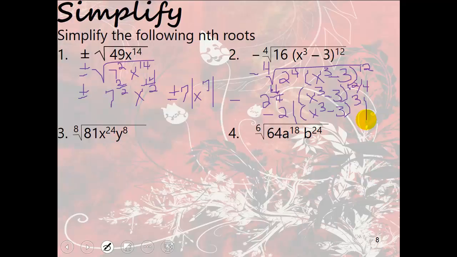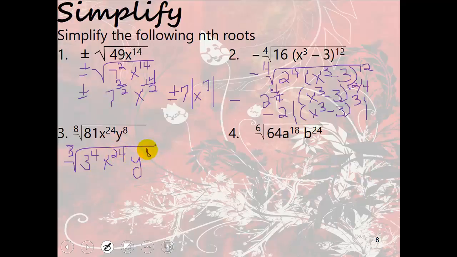All right, and then I have 81, and I'm taking the 8th root of that. So 81 is 3 to the 4th, and then I have x to the 24th, y to the 8th.